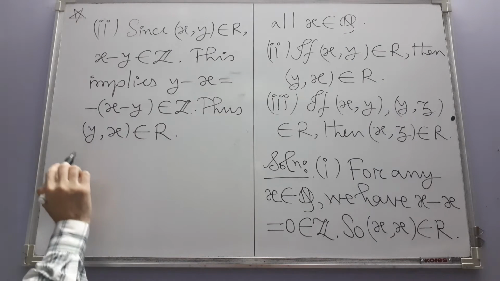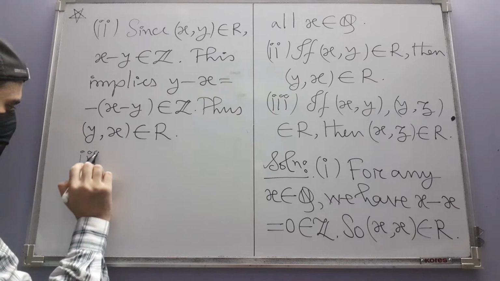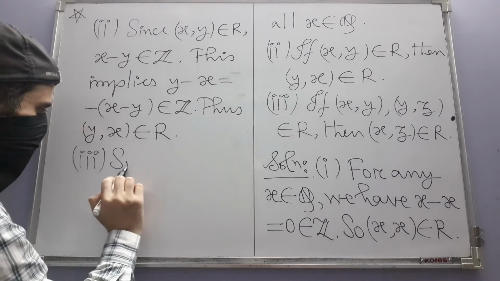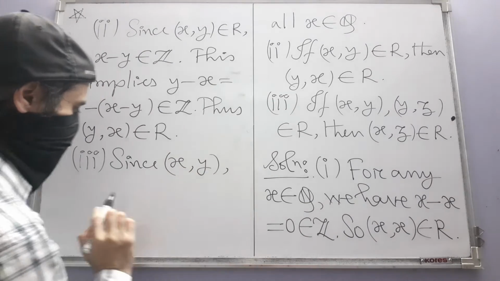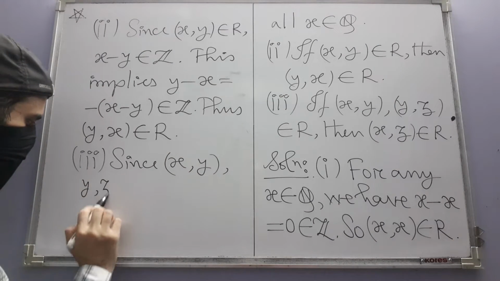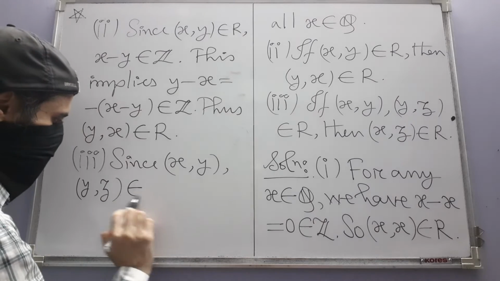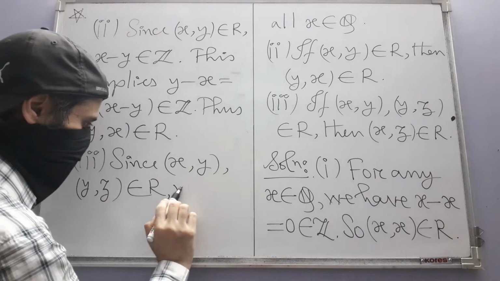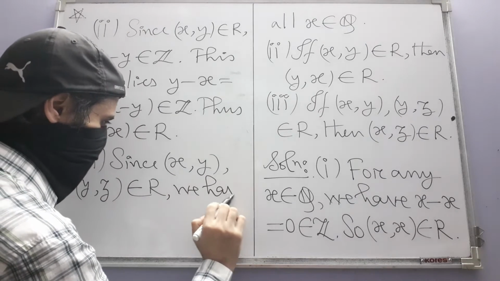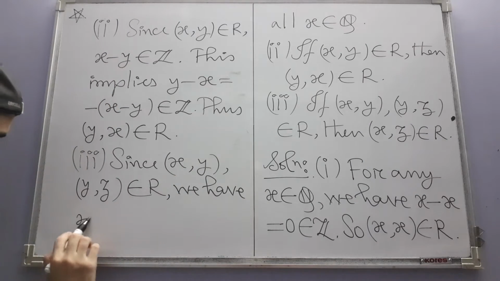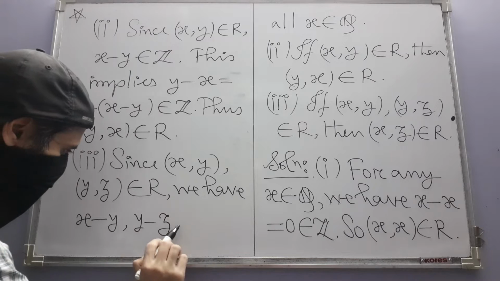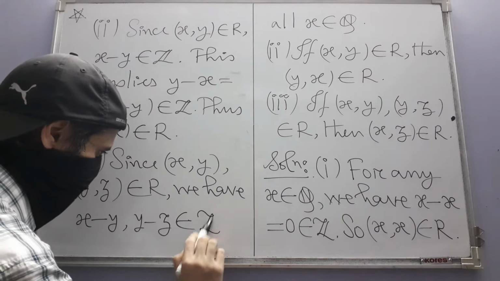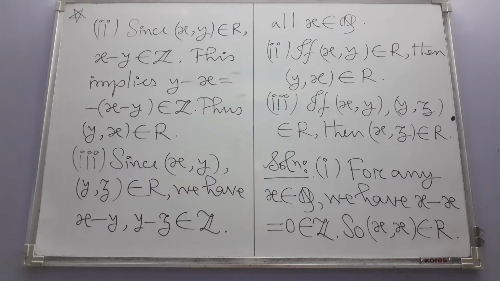And then the third one. Since x comma y and y comma z both belong to R, we have x minus y and y minus z in the set of integers.